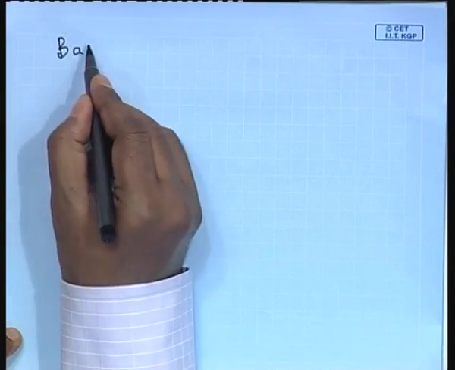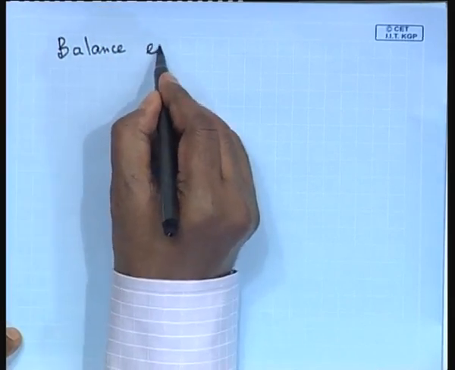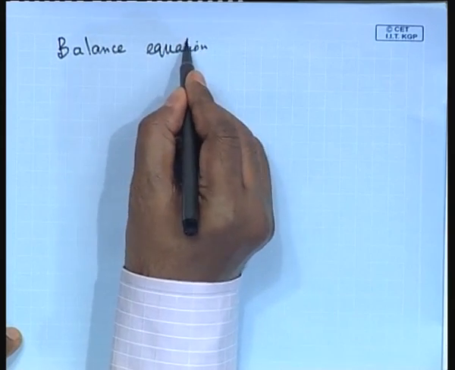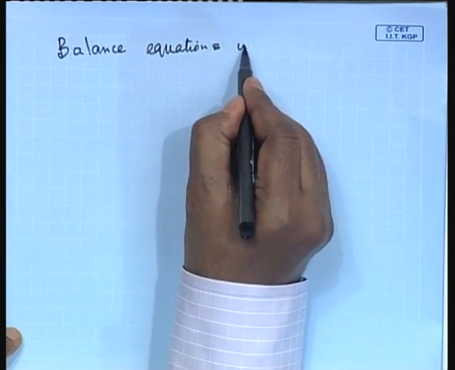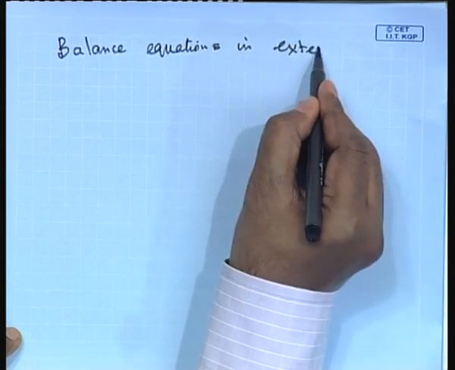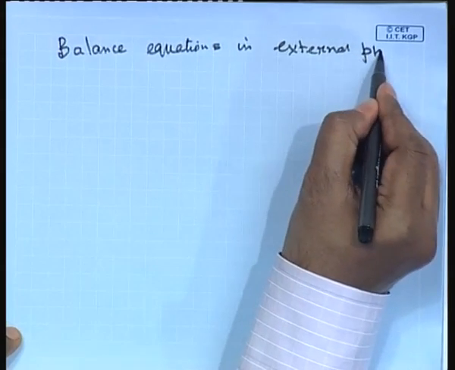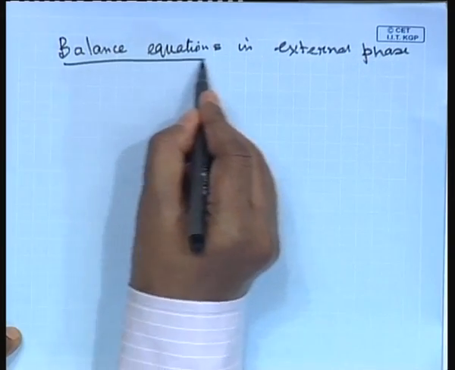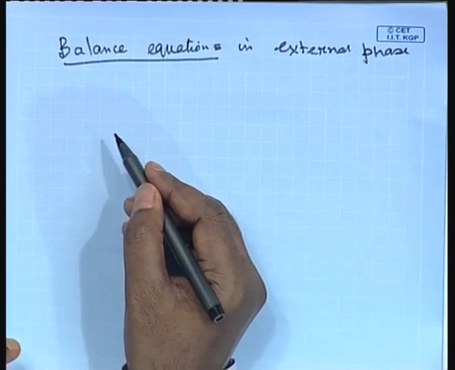Next, we get the concentration profile. In order to obtain the concentration profile, we have to do the material balance equation. So, you can write the balance equation in the external phase.